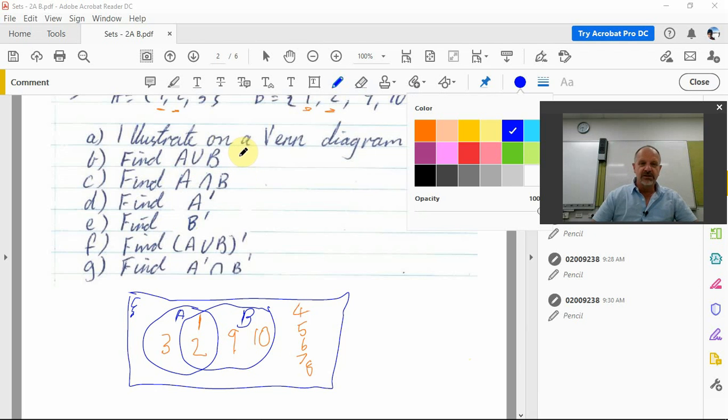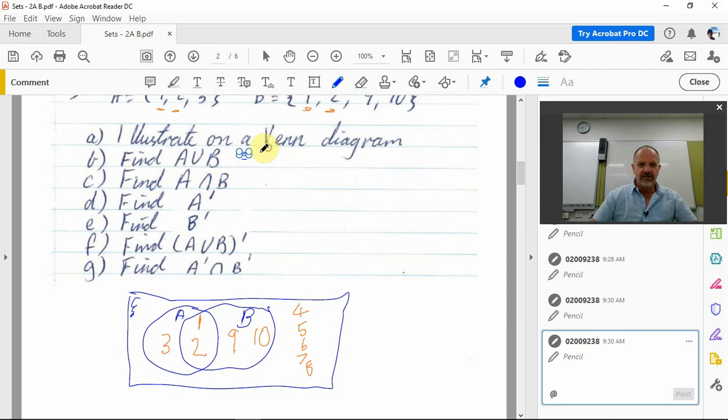And so the way we would write that, using that curly bracket, that's the set bracket. So if you're doing sets of numbers, that curly bracket's the thing you use. And so anything that's in those circles goes in there. So 1, 2, 3, 9, and 10.